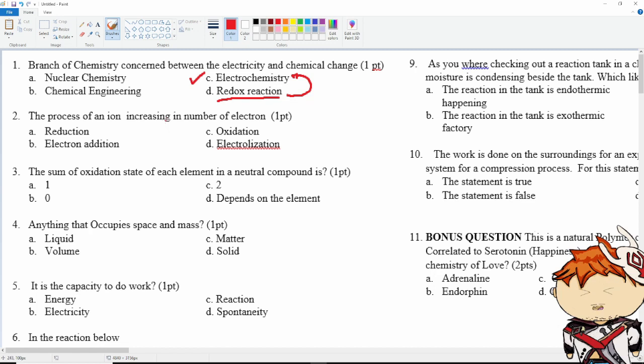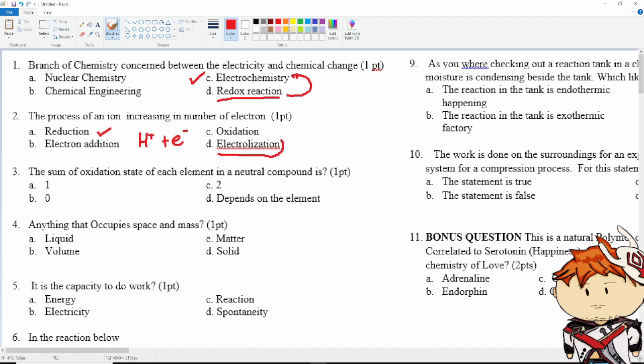Okay, the process of an ion increasing in number of electrons. Let's say an ion, let's say H plus, increasing in number of electrons. So when we add electrons, meaning you add negative charge, so it's going to be reduction. There's no such thing as electrolyzation.